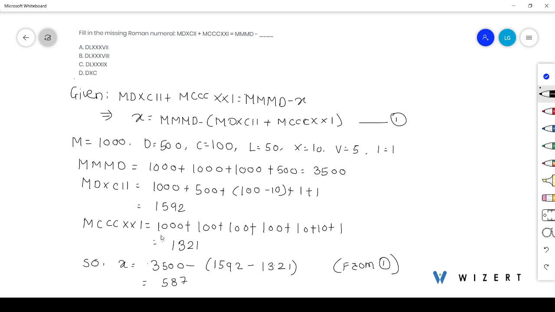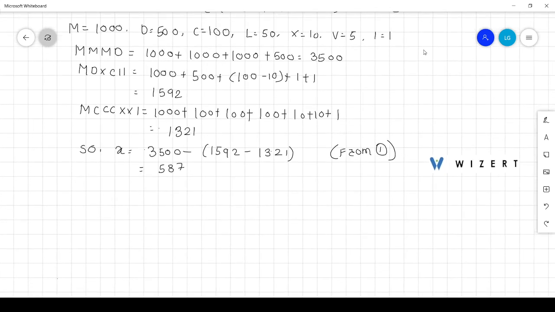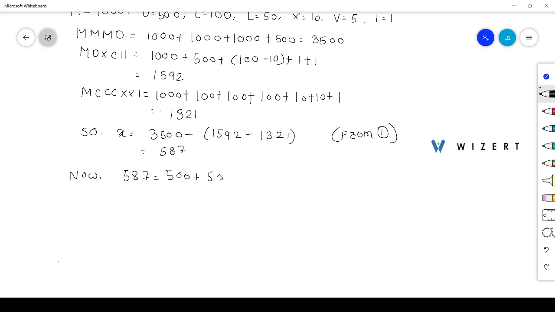So the missing Roman numeral is in number form and we need to convert this into Roman numeral. Now this 587 can be written as 500 plus 50 plus 10 plus 10 plus 5 plus 1 plus 1.